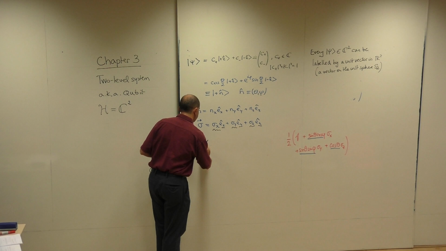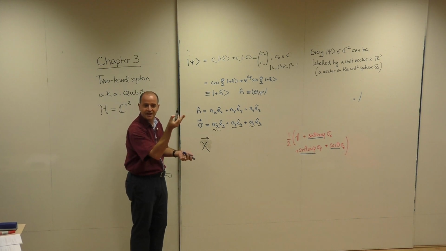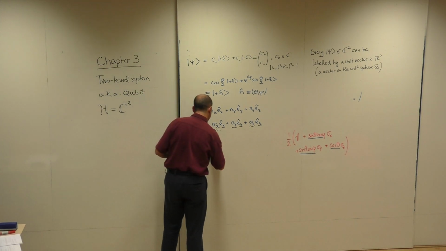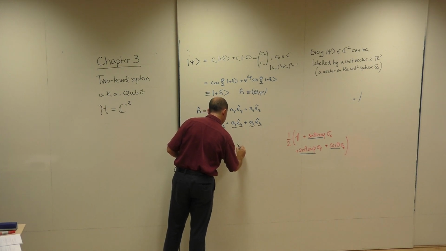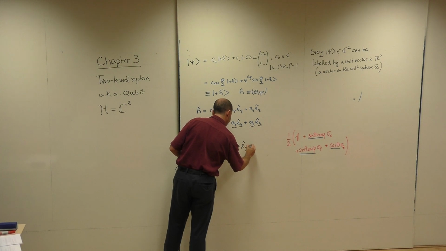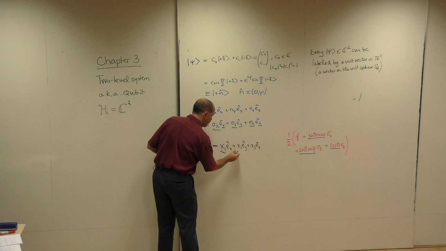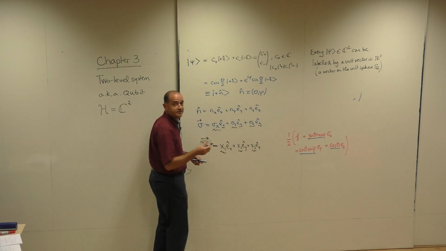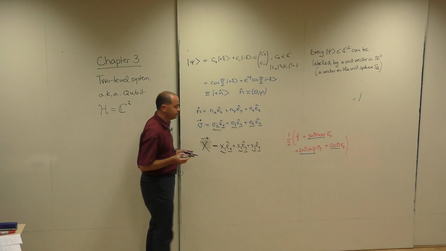So the position, I write it Q, I think, or maybe X. The position operator will have to be a vector in space, because the position itself is a vector in space, right? So the position operator will be something of the same type. Where these are operators, and we will see in chapter 4 what they do, and these are the vectors in R3.